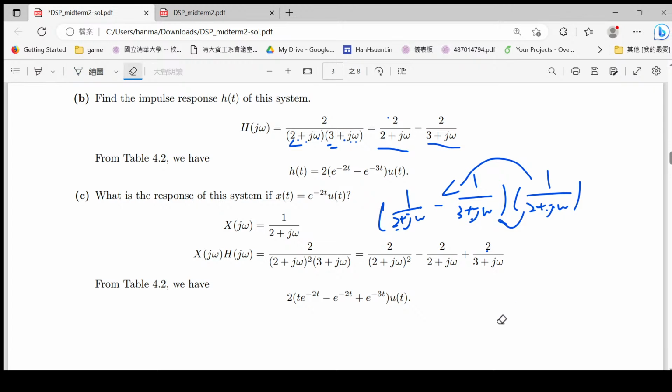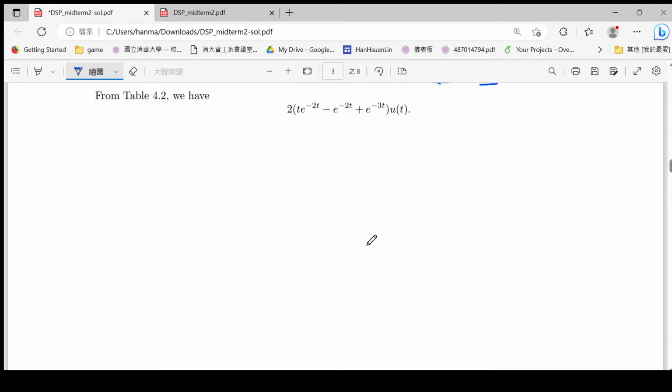Then you do the inverse Fourier transform, and basically you look at the table. Those 2 terms you probably remember: e to the minus a t, e to the minus a t. And for 1 over a plus j omega squared, you look at the table and find it is t e to the minus a t. So that should be pretty easy.